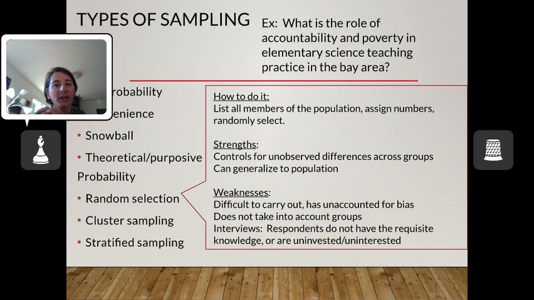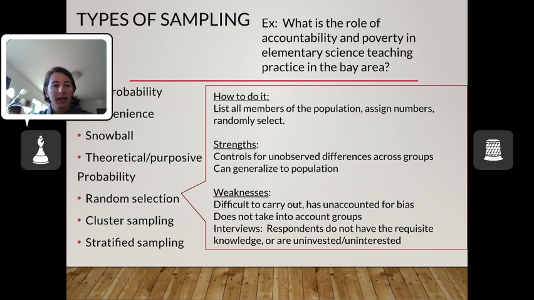If I wanted to do random sampling, I would make a list of all of the teachers who teach elementary science in the Bay Area, assign numbers to them, and then use a random number generator to randomly select however many teachers I wanted to survey, maybe 200. This controls for unobserved differences across groups.